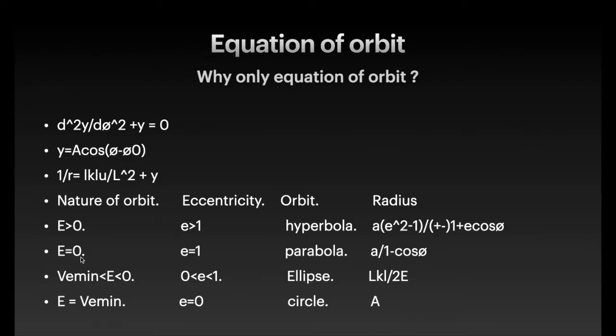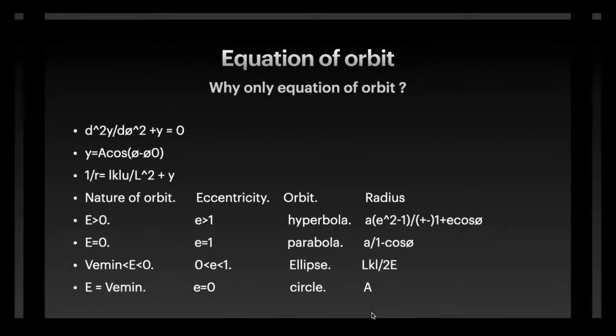For E equal to 0, eccentricity is 1, it is a parabola, and a upon 1 minus cos theta is the radius. For V effective minimum less than E less than 0, eccentricity between 0 and 1, it is an ellipse, and mod of k by 2E is its radius. For E equal to V effective minimum, eccentricity is 0, it is a circle, and the radius is a.